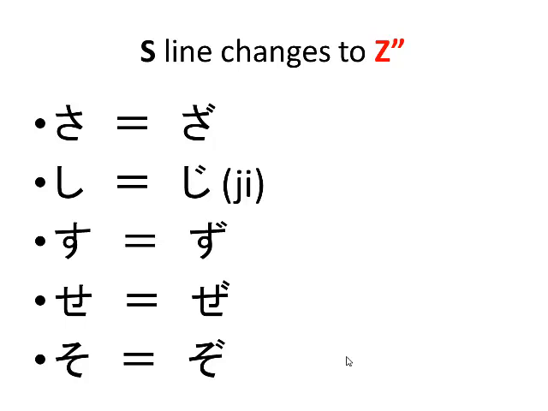Se will become ze. So will become zo. That su character is like Suzuki, the brand of motorcycle. That's the way you would do the zu. So again, za, ji, zu, ze, zo.